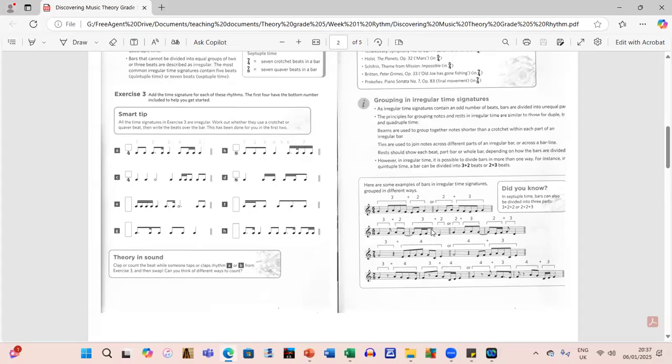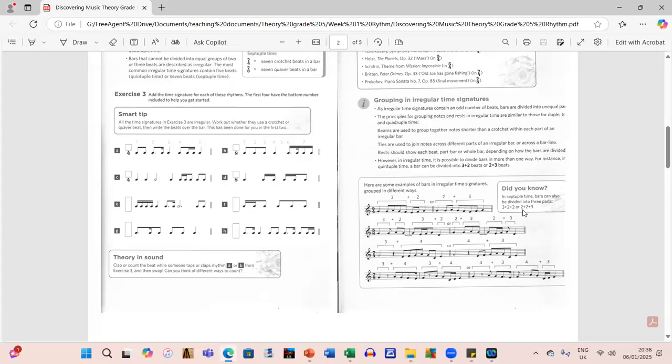Okay, 5 anything and 7 anything can be grouped in 3 plus 2 plus 2, or we said before about it being across the middle of the bar. You'll get one question on this, but it's understanding you can group it in different ways. 5 beats in a bar can be grouped 3, 2, or it can be grouped 2, 3.